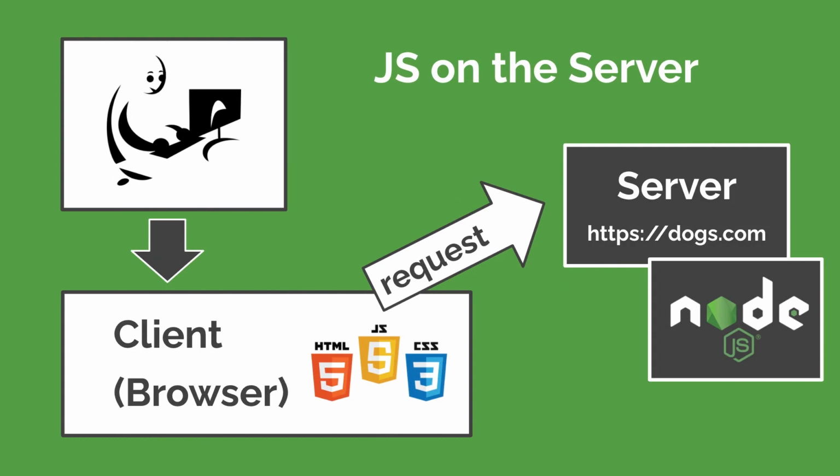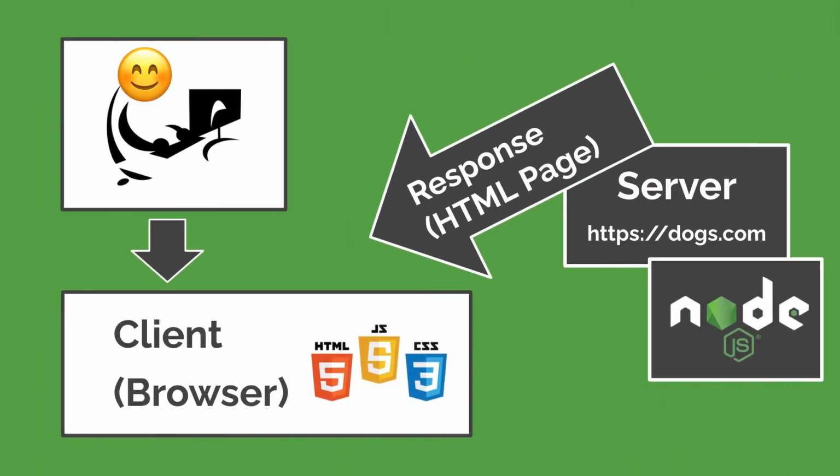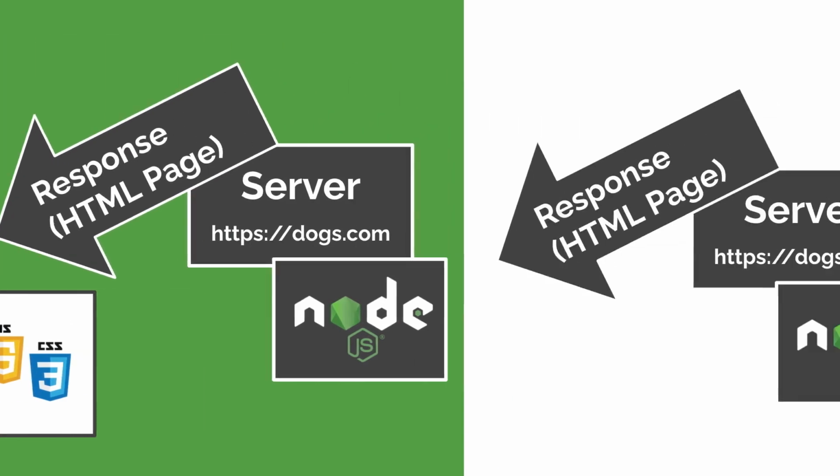JavaScript on the server looks like this. A person visits your website and they become a client, and then they send requests to the server to launch a site. And the server uses Node.js to do that. Then, after the server has received the request, it sends the response back. So it sends back the HTML page of dogs.com, for example.